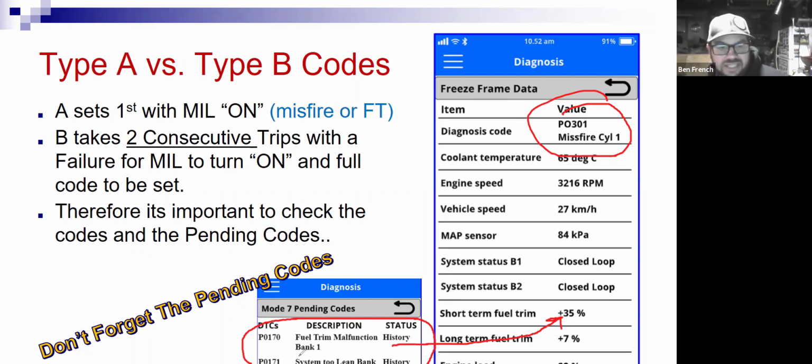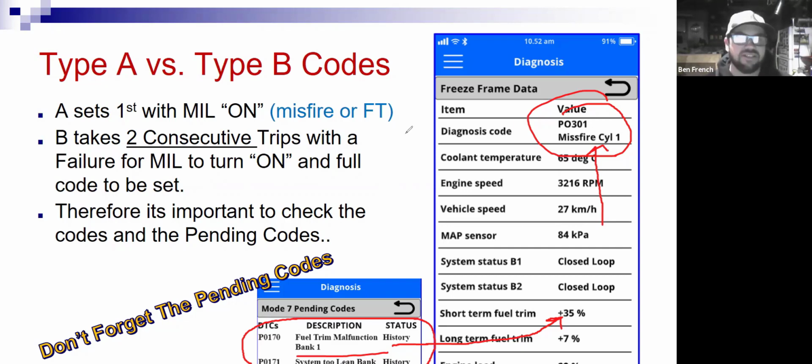He knows he's lean. He's adding fuel. I could be just not giving the engine enough fuel. That's why I have a misfire. Maybe I have clogged fuel injectors or something, or a vacuum leak or something that's causing me to not get enough fuel in there in proportion to the air that's going in there.